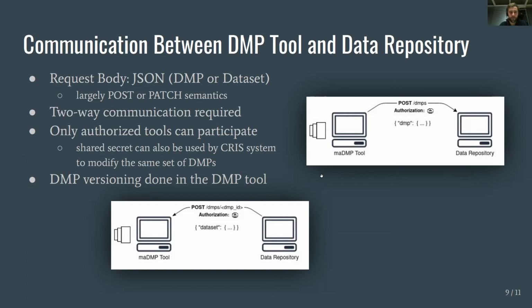And to provide information about the authenticity of the update messages, we chose to include shared secrets in the authorization HTTP header, which also provides information about the author tool, so to say. So we know which tool sent this update, and this enables us to run multiple integrations in parallel.